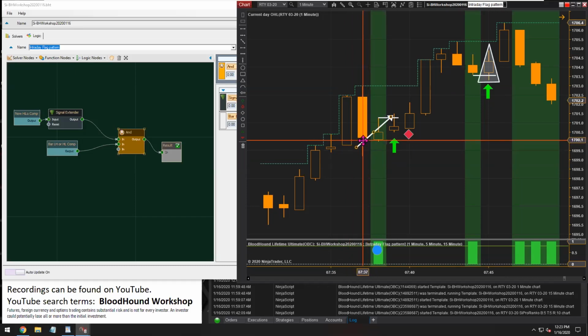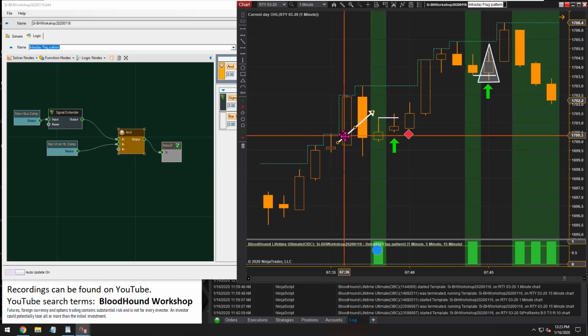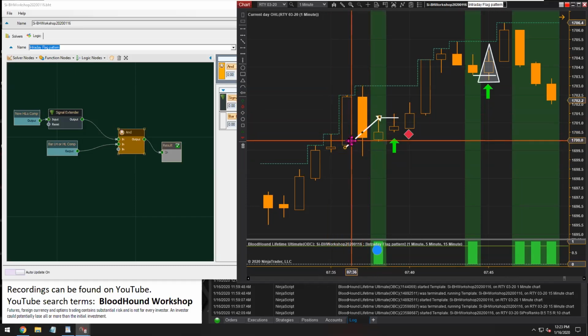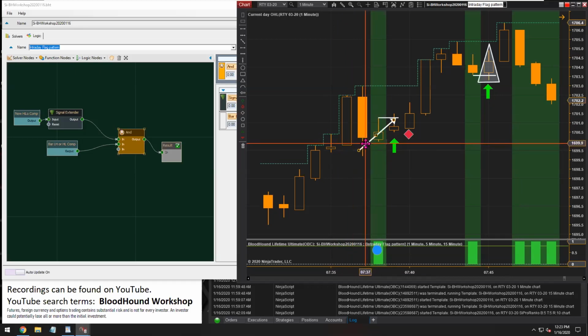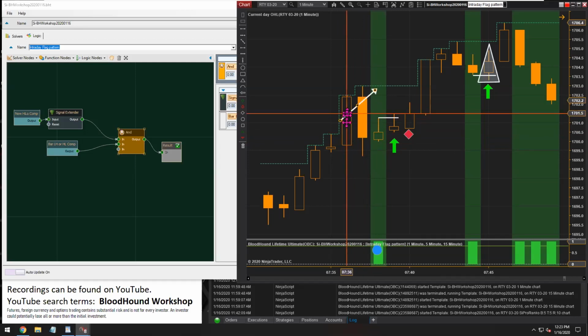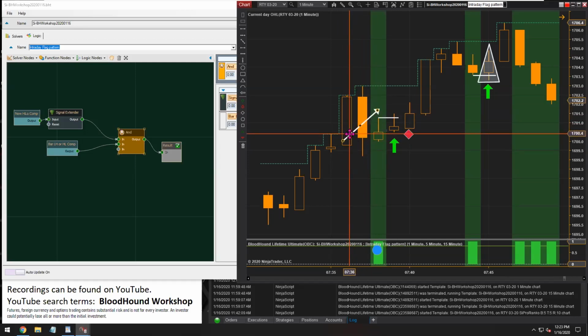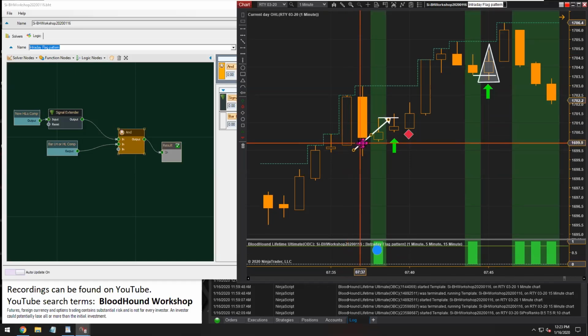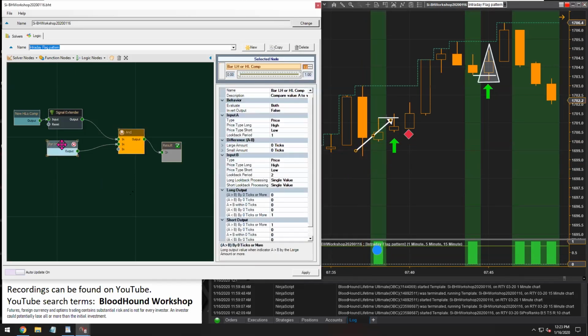We need to look for the price breaking our flag high, which will be the next bar here. So this output needs to be extended forward one bar onto the next bar, right? There's a couple ways I can do this.